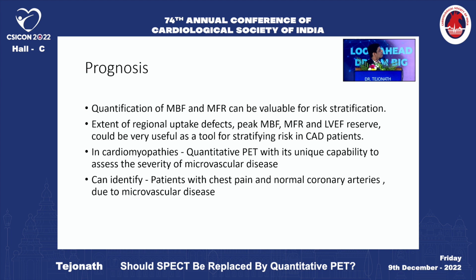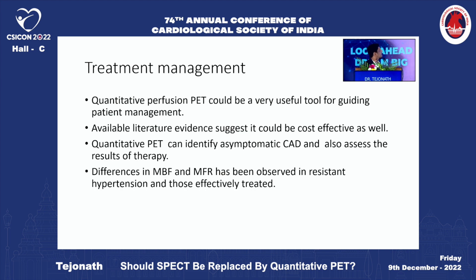This is important because the epicardial perfusion, the CAG, could be normal, but the patients may still be symptomatic. In treatment planning also, because of its quantitative parameters and assessment of microvascular disease, PET has an advantage.